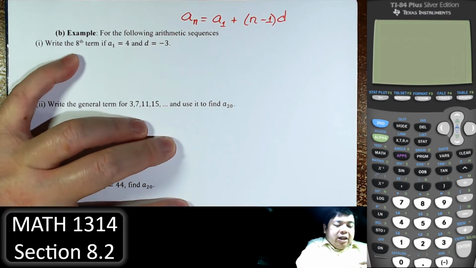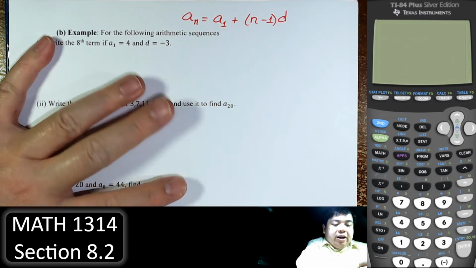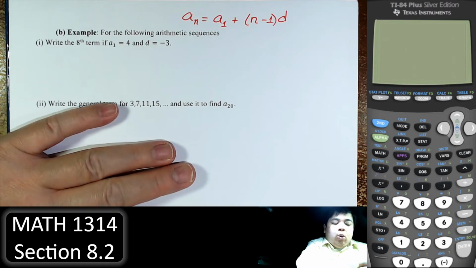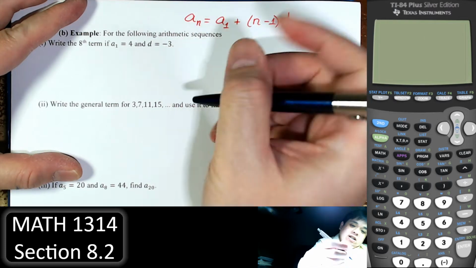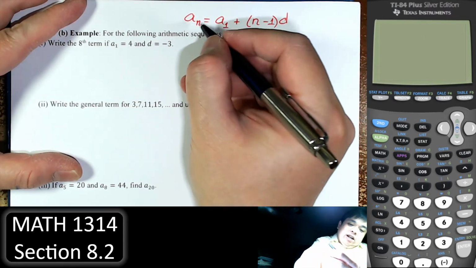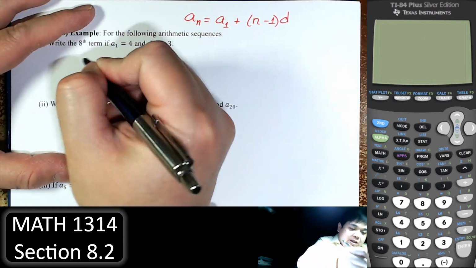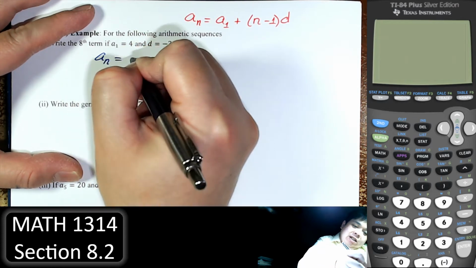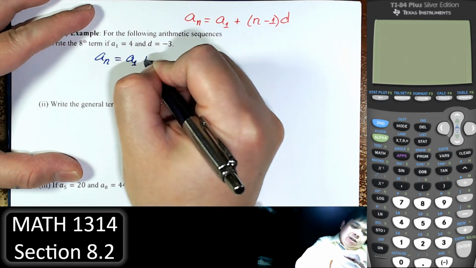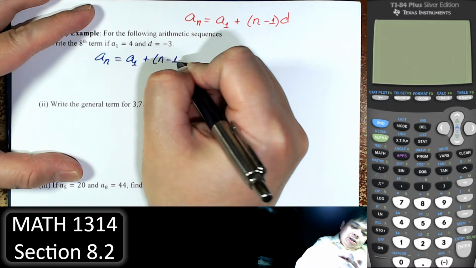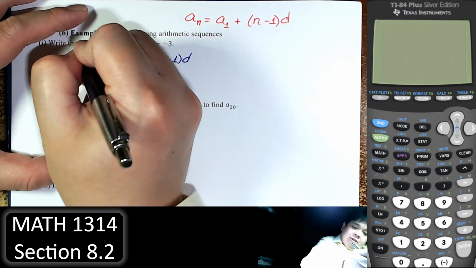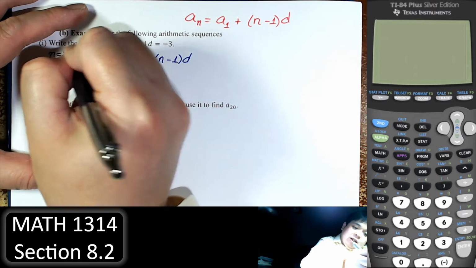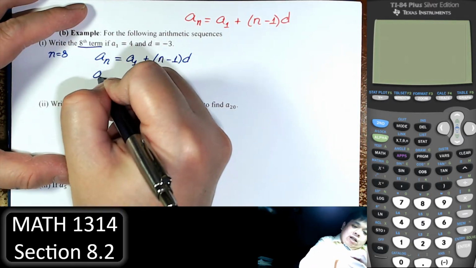So write the 8th term if a sub 1 is 4 and d is equal to negative 3. Well, that's obvious, right? We start from there. In this case the 8th term, meaning n equals 8. So we put 8 in for n.